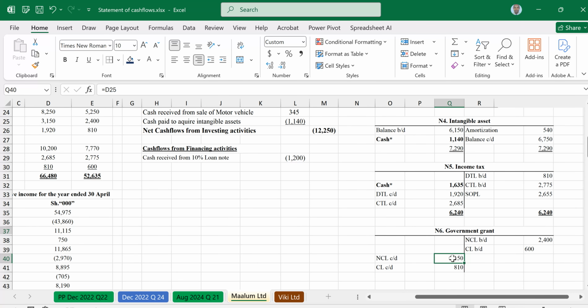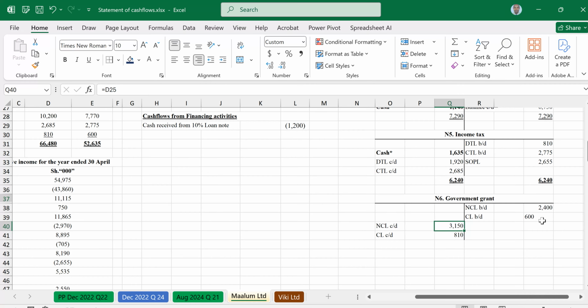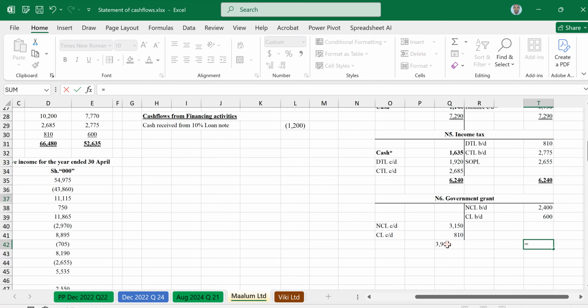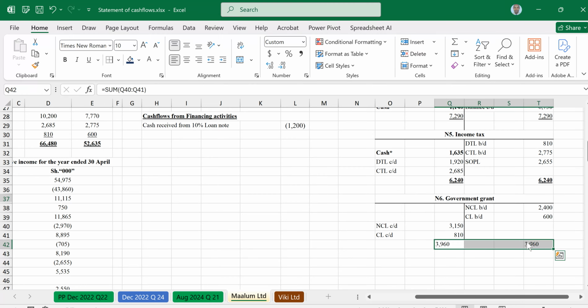So we want to see how much of government grant was received during this particular financial year. We are going to add, so that is summation. This will be the same with the other side. Total for both. We underline, then align on the correct side.